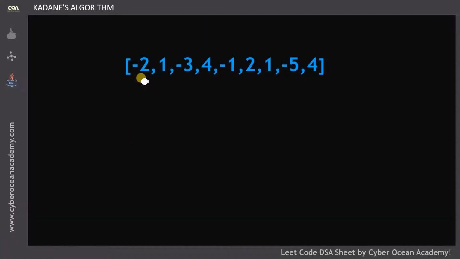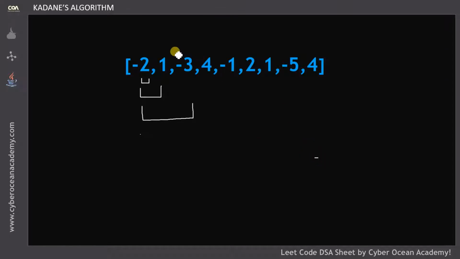What are the subarrays here? If you consider only the first element, this could be a single subarray, or maybe this one is a subarray. In the same way, -2, 1 is a subarray, and so on up to 4.